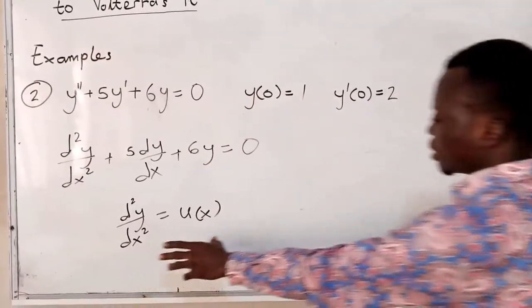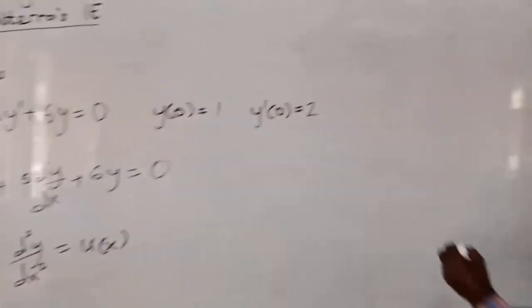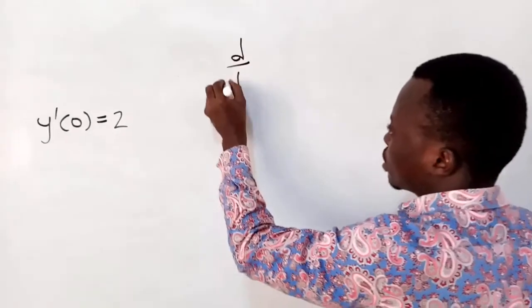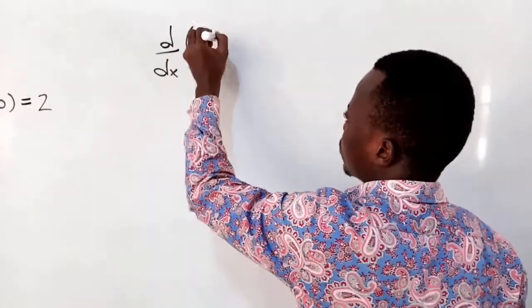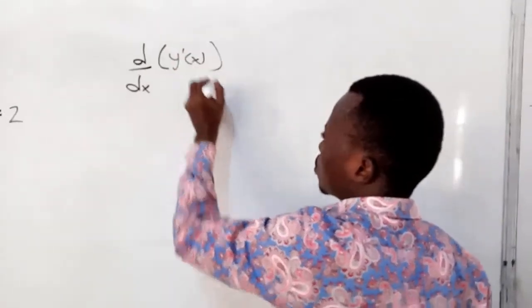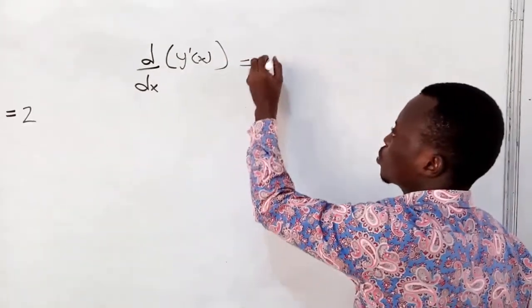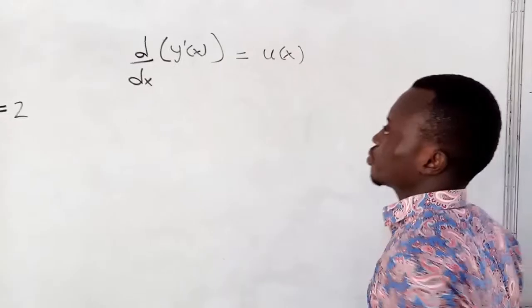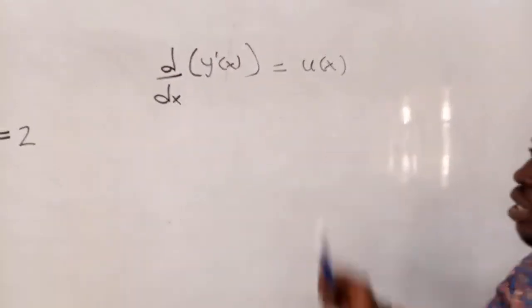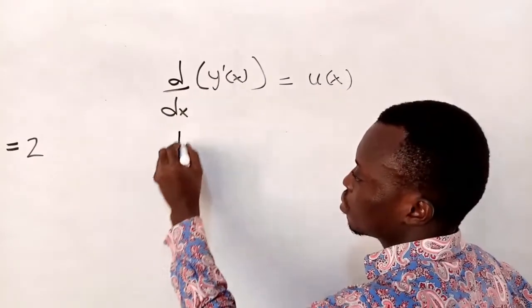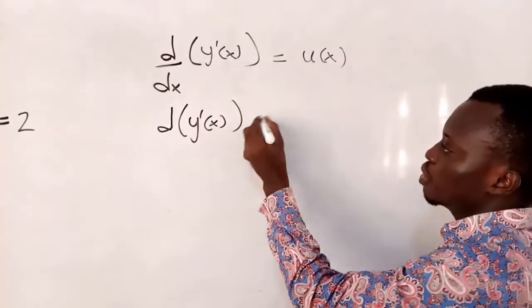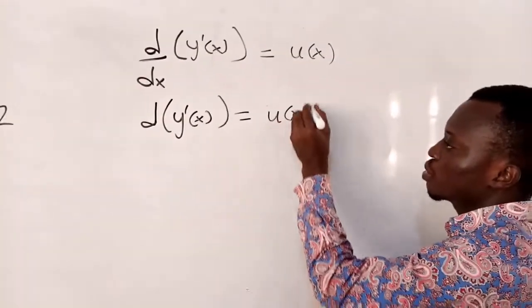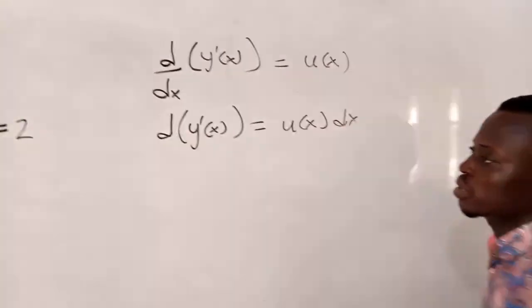This equation can be rewritten as d ds into bracket y prime of s, which is equal to u of s. This equation can be rewritten as d of y prime of s, which is equal to u of s ds.